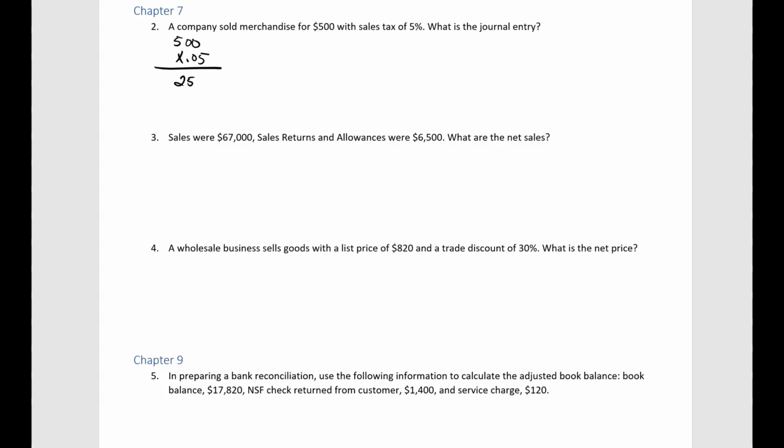So the amount that is given to the company is going to be both the merchandise and the sales tax. So that's $525. The amount that the customer is going to give the merchant is $525.